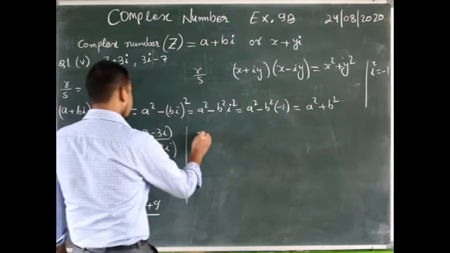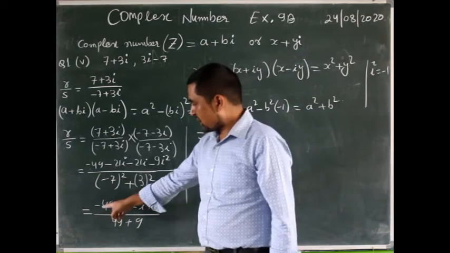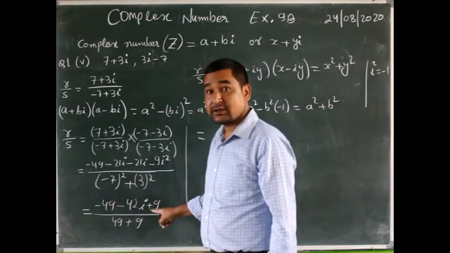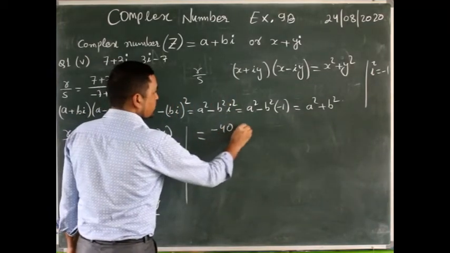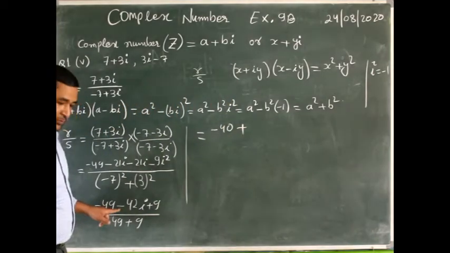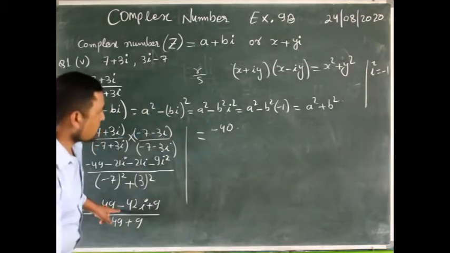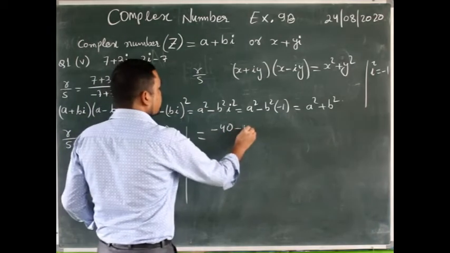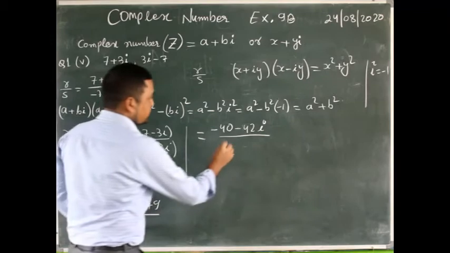Now get the like terms: minus 49 plus 9, their sum is minus 40. Then minus 42i, divided by their sum, 58.